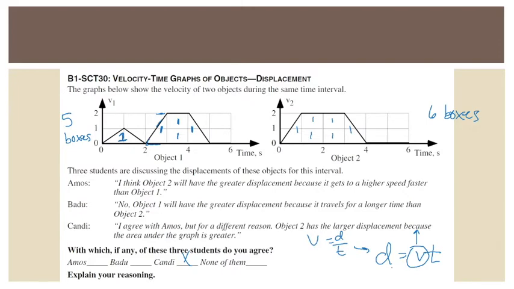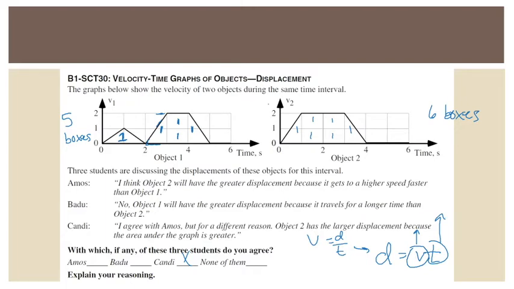And so notice, Badu gets to that point exactly because he says, well, wait a second. The time is larger for object 1. So object 1 goes farther. And the area under the curve is the way to go about this question because it captures both of those things simultaneously.